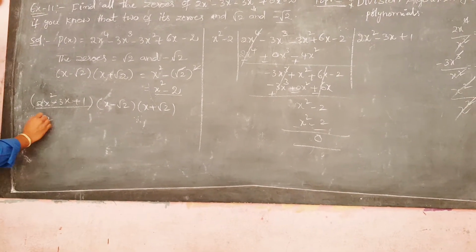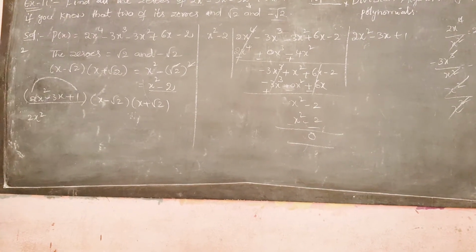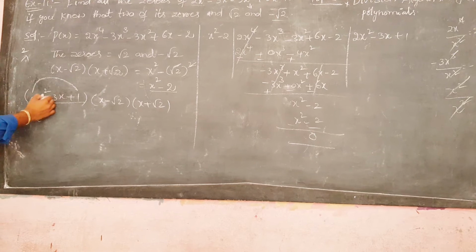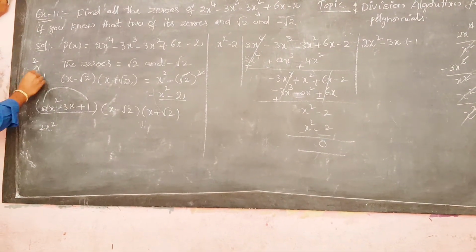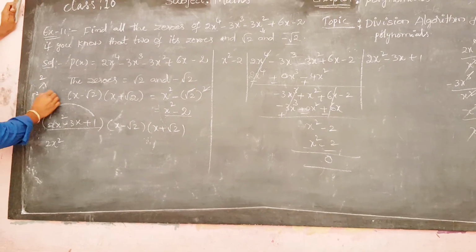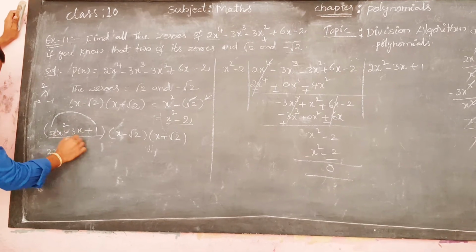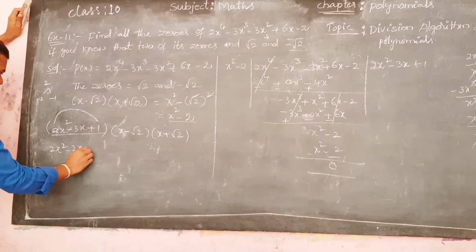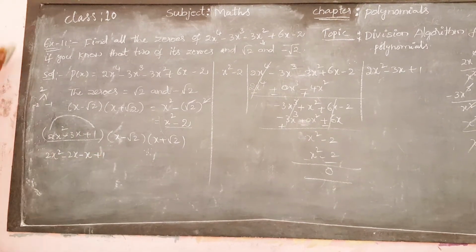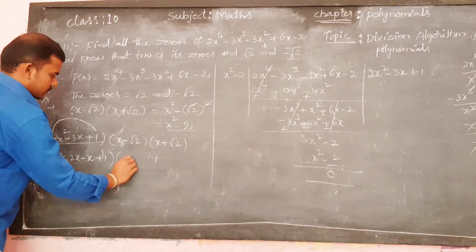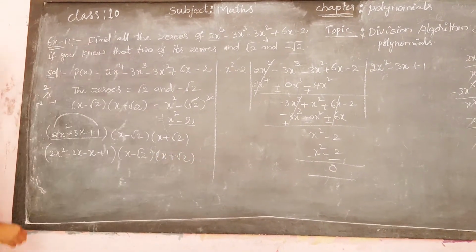The x square coefficient is 2, so 2 into 1 is 2. Here the middle term is minus 3. So minus 2 into minus 1 gives plus 2, and minus 2 minus 1 is minus 3. So minus 2x minus x is nothing but minus 3x, plus 1, into x minus root 2 into x plus root 2.